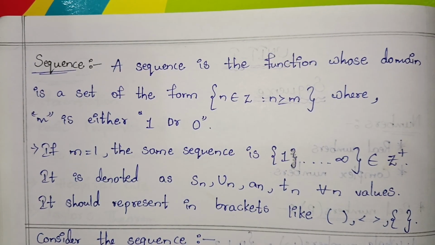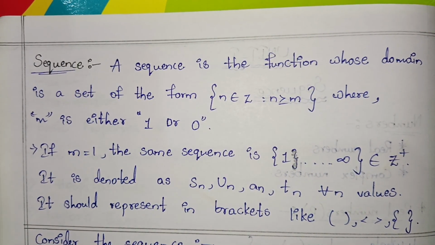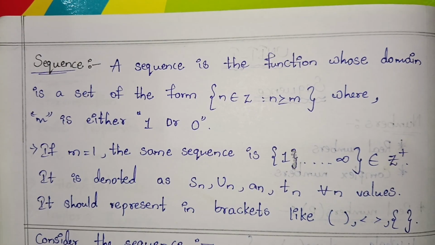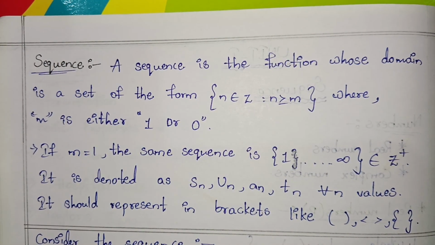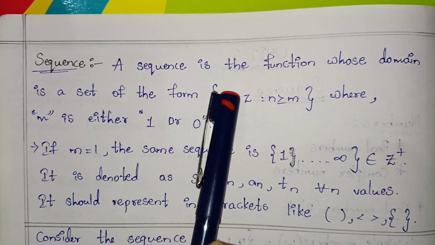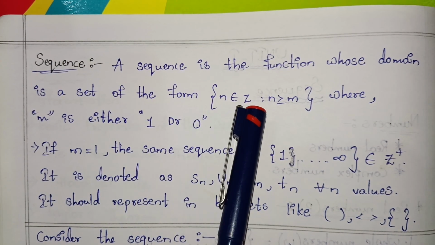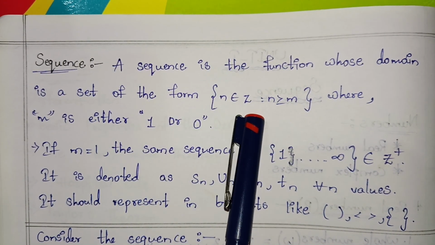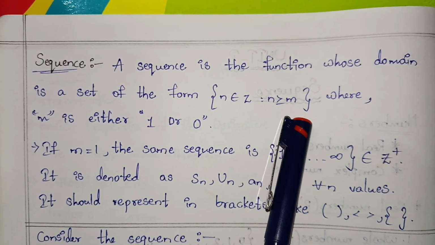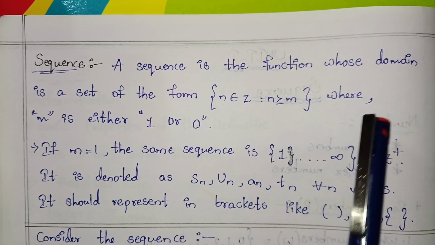A sequence is an ordered list of numbers written in a specific order, usually following a particular rule. Each number in the sequence is called a term of the sequence. A sequence is a function whose domain is a set of the form {n belongs to Z such that n is greater than or equal to m}, where m is either 1 or 0.